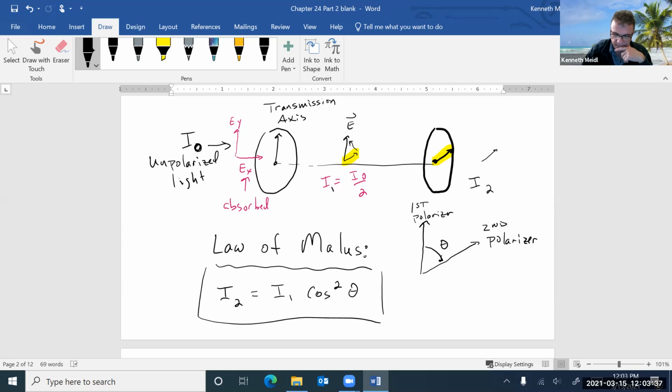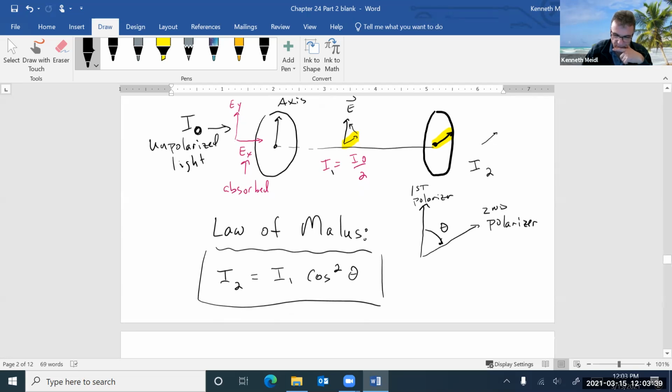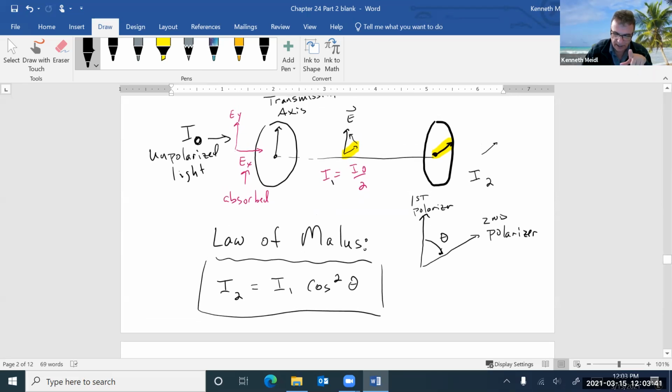It's kind of interesting. If you really understand what's taking place here, in class I would bring some polarizing sheets and just let light go through them.